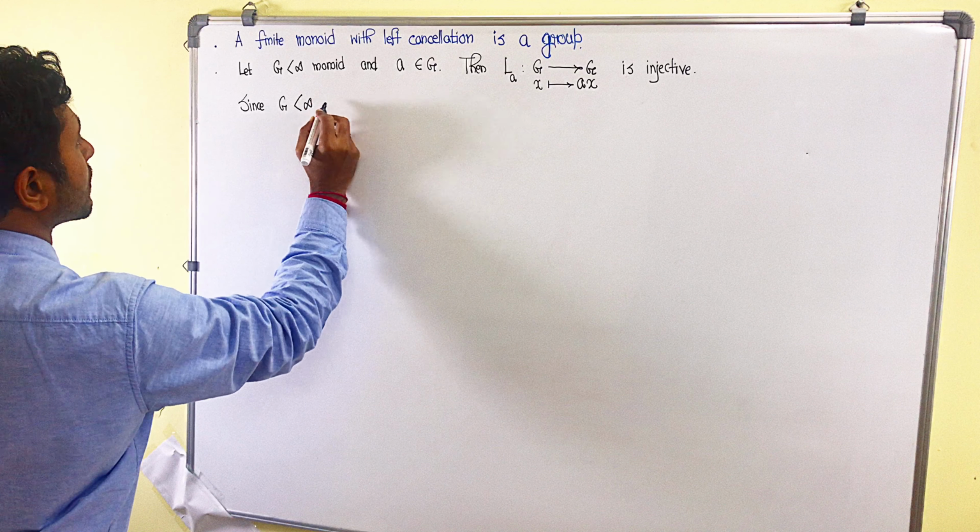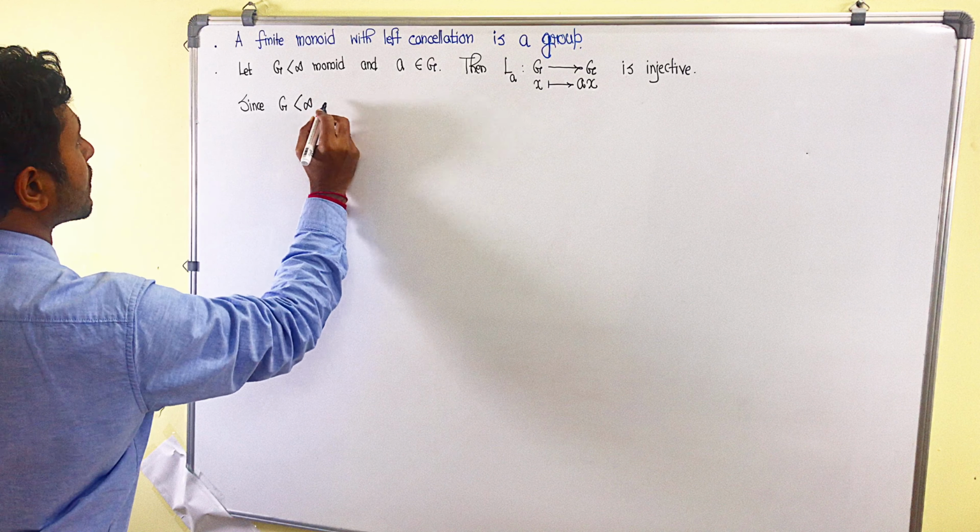Now by the associative property, we have A compose B compose C equals A compose B compose C. That would mean A compose identity, that is A, equals identity compose C, that is C. So that means A and C are equal.